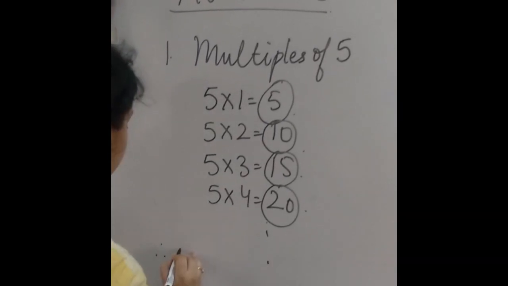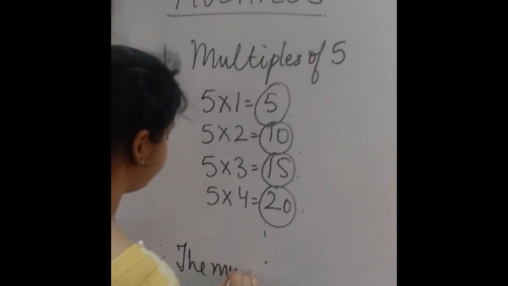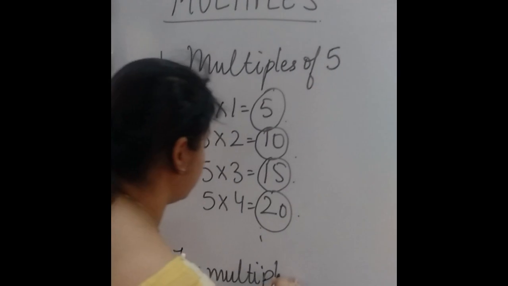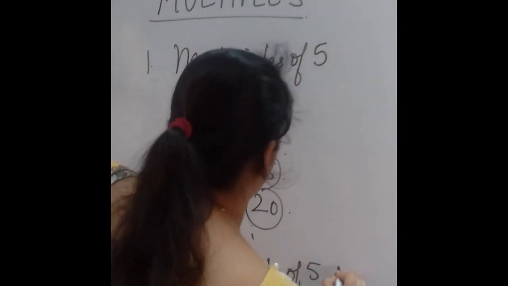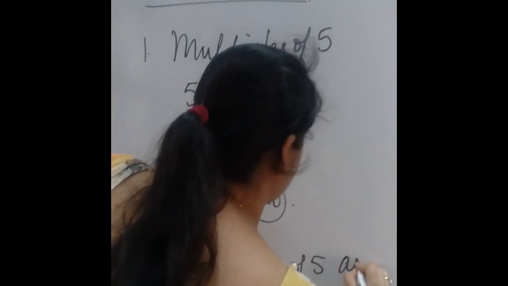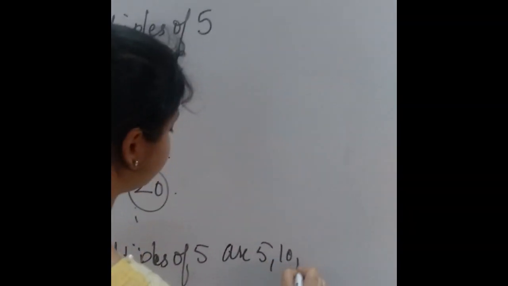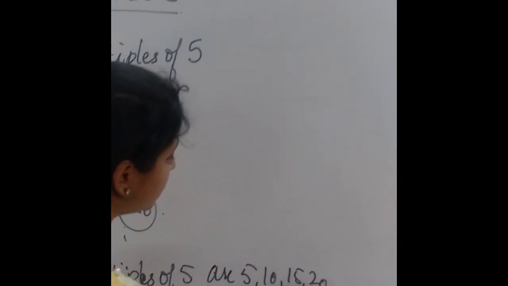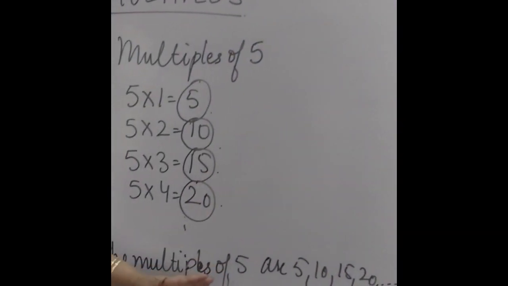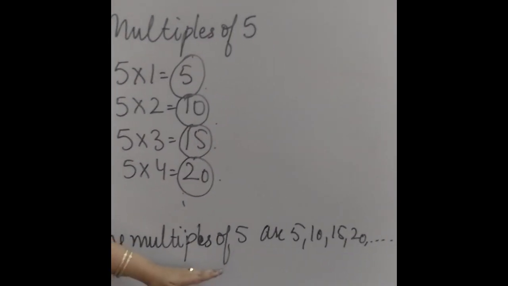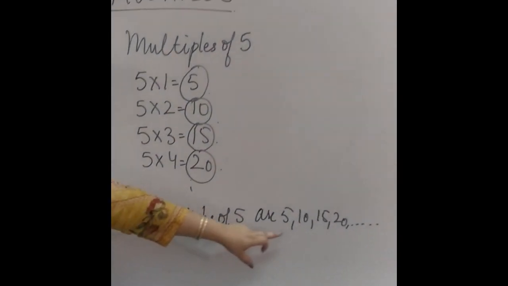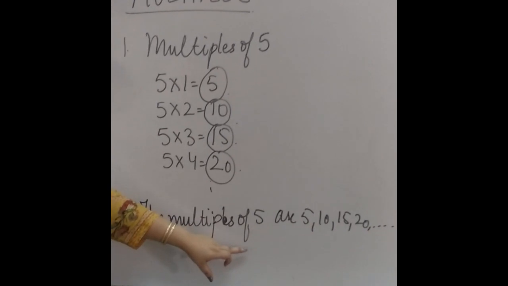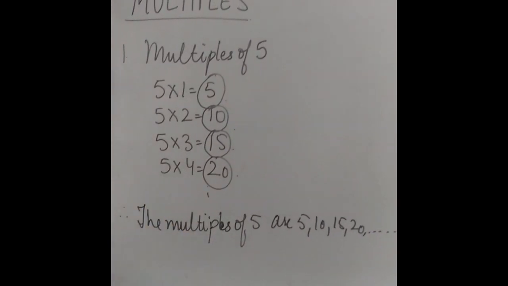Therefore, the multiples of 5 are 5, 10, 15, 20 and so on. You can find as many multiples as you want according to the question. These are the first 4 multiples of 5 that I have written. Moving to the next example, let us find the first 5 multiples of 7.